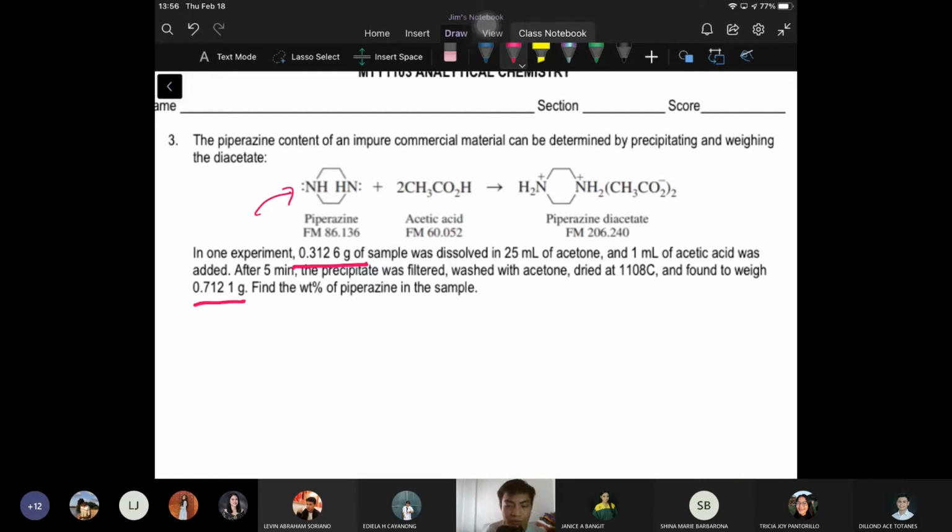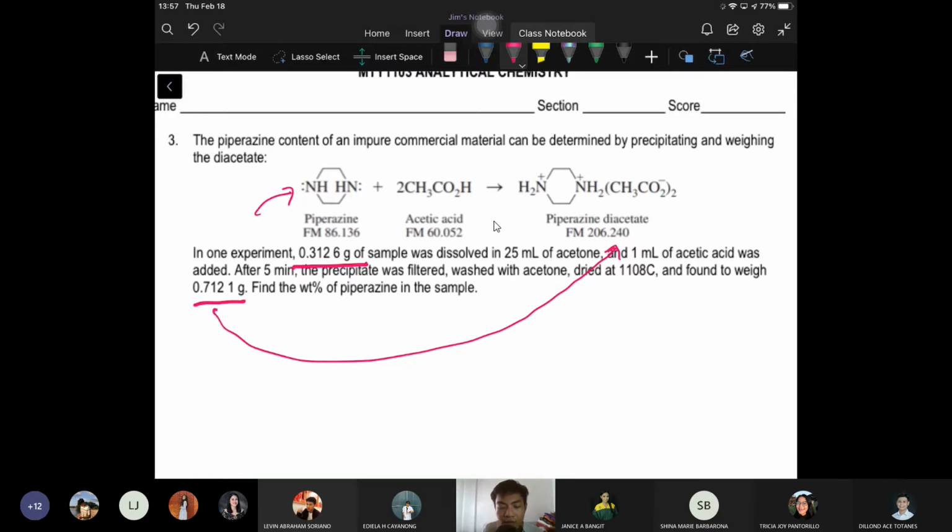The equation at the top will tell you kung ano yung precipitate. Okay? Ayun, sinabi na rin naman dito sa sentence sa una. So, ito yung piperazine, nireact yan with acetic acid. Here, 2 moles of acetic acid ang required so that it will precipitate as piperazine diacetate. No? So, that means itong 0.7121, ayan yung mass ng piperazine diacetate.